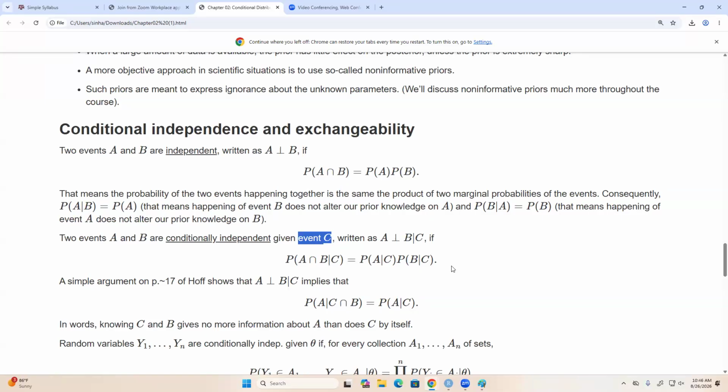And in probability, it will be probability of A intersect with B given C equal to probability of A given C times probability of B given C. As a consequence of that, if this happens, then probability of A given C intersect with B is probability of A given C. So in other words, knowing C and B gives no extra information about A other than C itself.